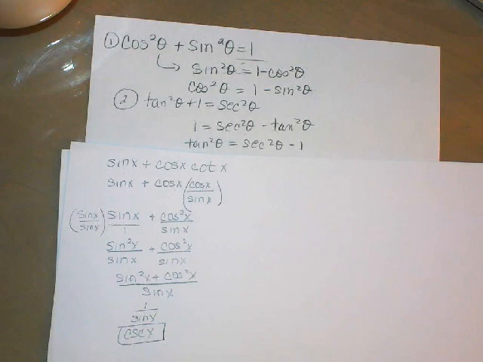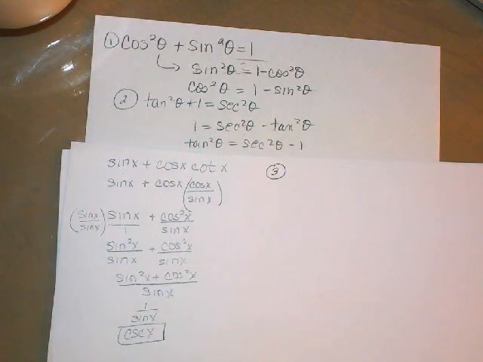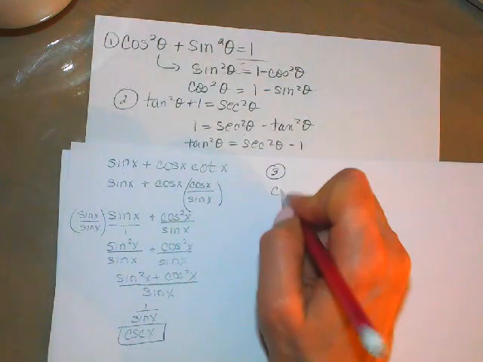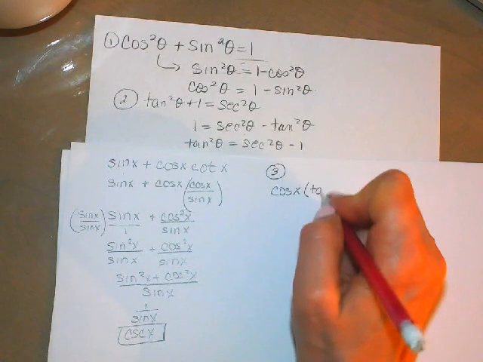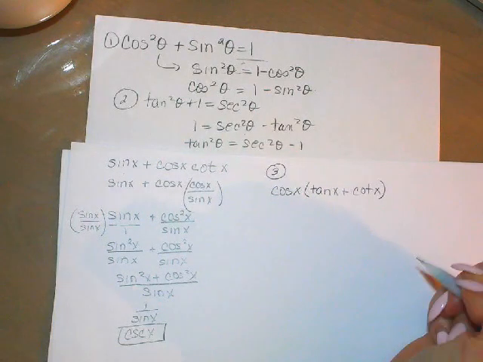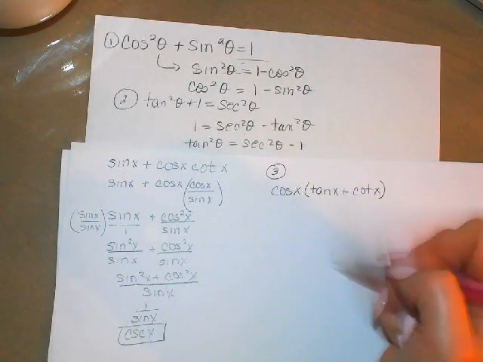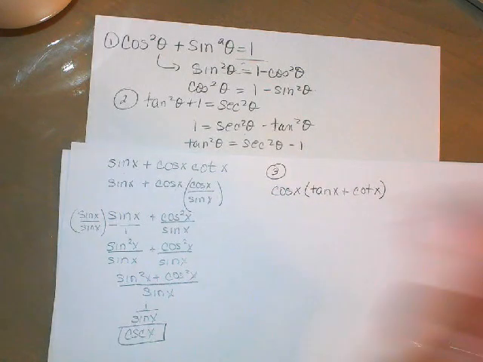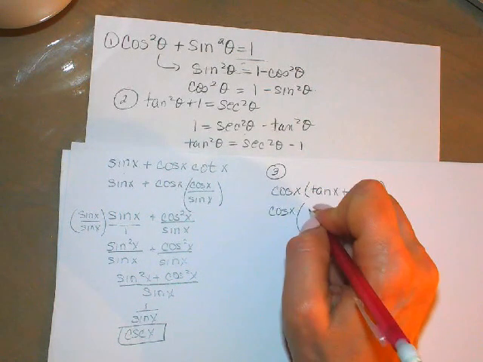Okay, now number 3 is very similar to it. Number 3 starts off by just saying cosine x times tan x plus cotan x. All right, if I change these first, I could do one or two things. I could distribute it, then change it, or I could change it and then distribute it. So on your homework sheet, I know I changed it first.